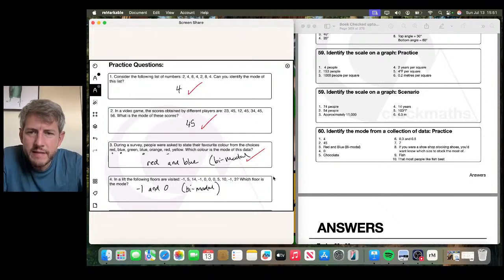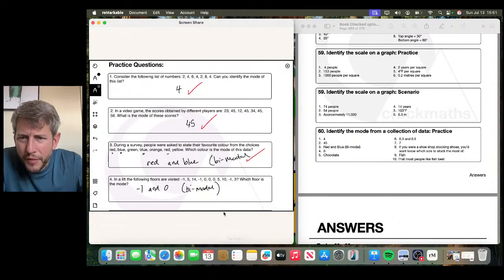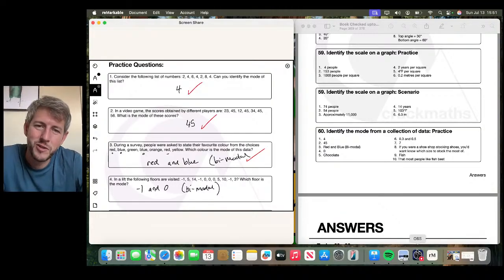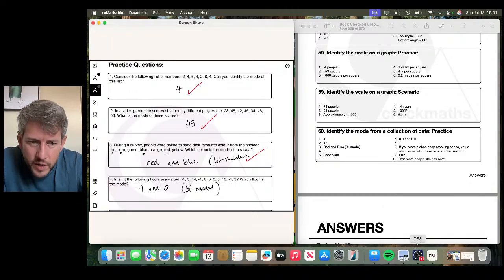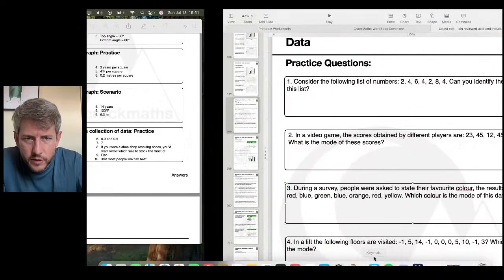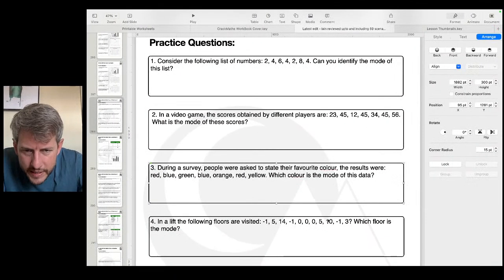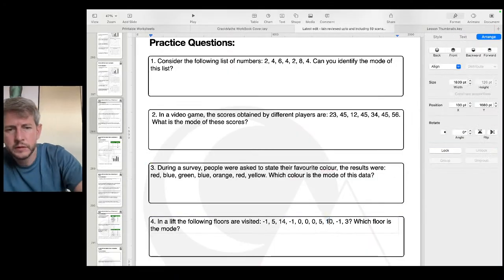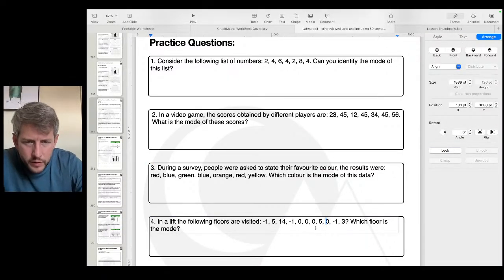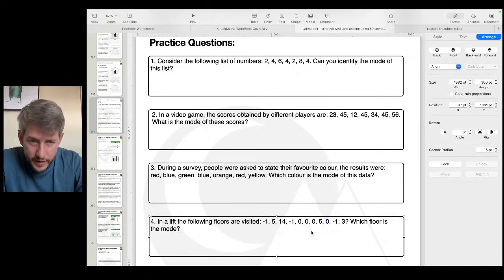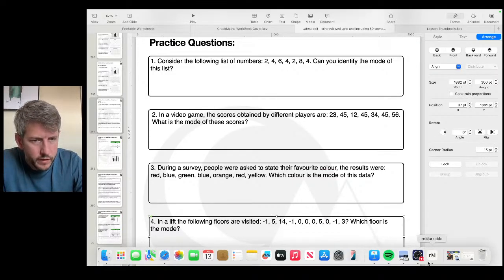No, it's definitely 0 and -1, but I think we've got a few too many bimodal answers here. It makes it seem like it's the most common thing that happens. So what I'm going to do is I'm just going to delete this 1 here, and then 0 is the mode. Okay, here we go.